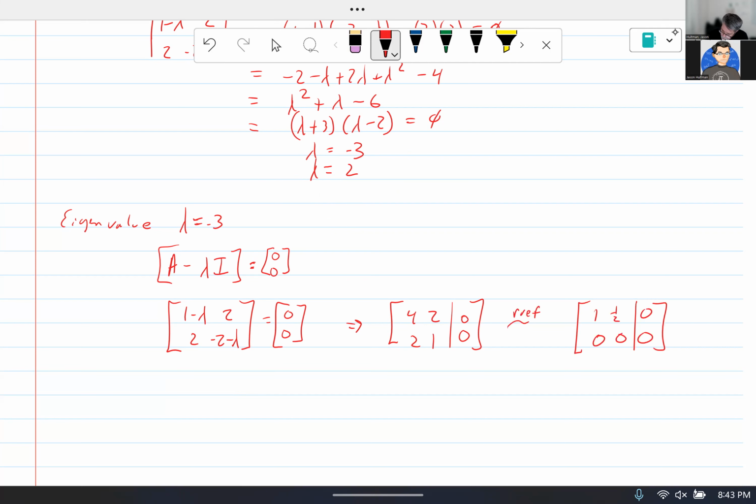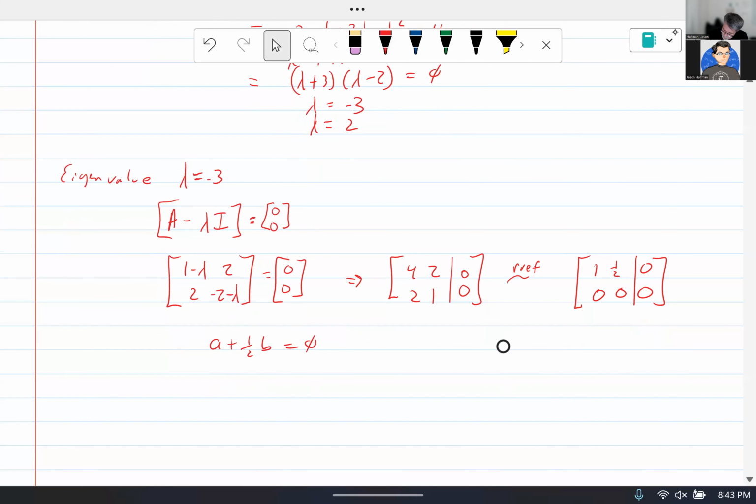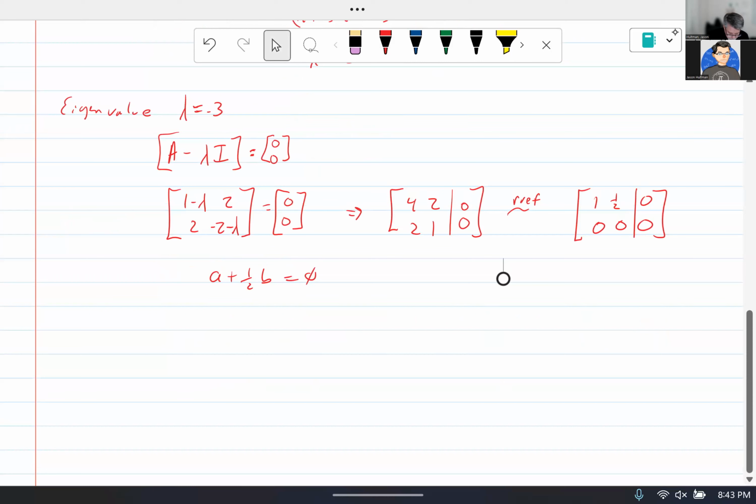So this is going to be a plus 1/2 b is equal to 0. And so I want a to be equal to negative 1/2 b. Or I can multiply both sides by -2, so -2a is equal to b. So I'll end up with a and -2a.